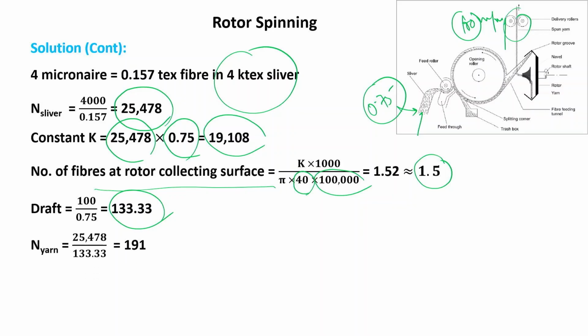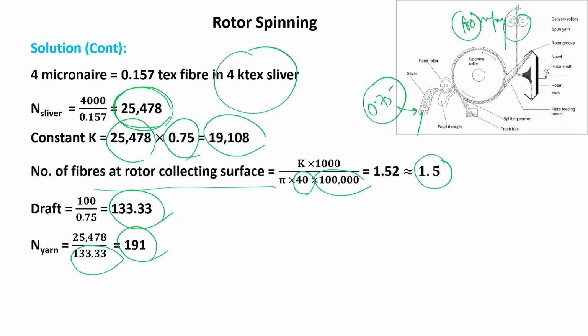The number of fibers in the yarn cross section will be the number of fibers in the sliver cross section, 25,478, divided by the draft. So, the number of fibers in the yarn is 191. There are 191 fibers in the yarn cross section, and the number of fibers in the rotor collecting surface is 1.5.